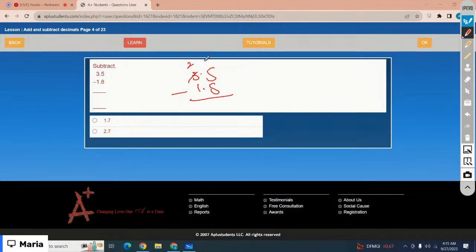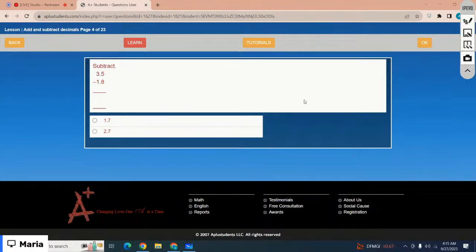You have to borrow 1, you're left with 2 here and 15 here. So 15 minus 8 is 7 and 2 minus 1 is 1. So that would be 1.7. The correct option is 1.7.